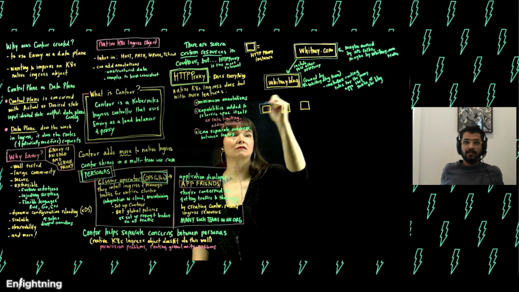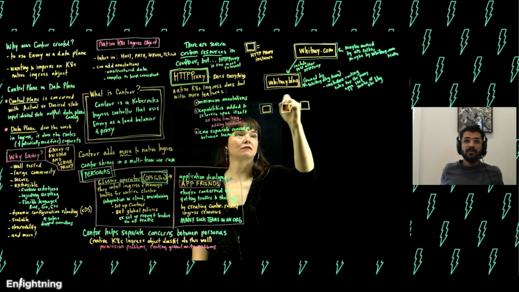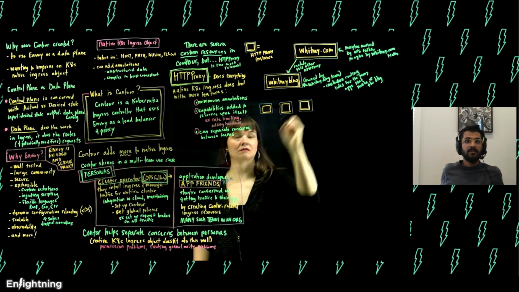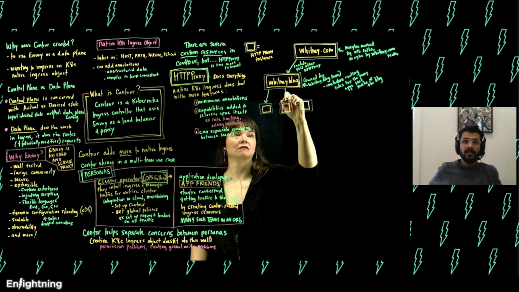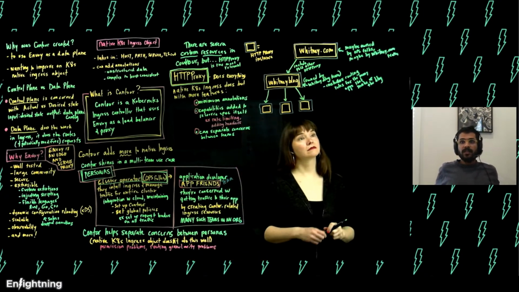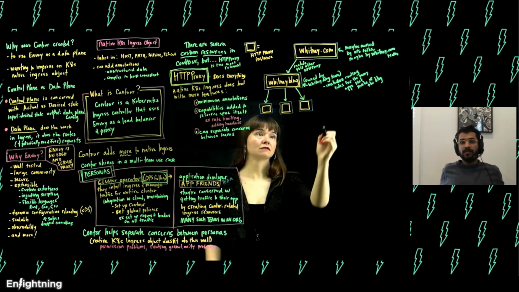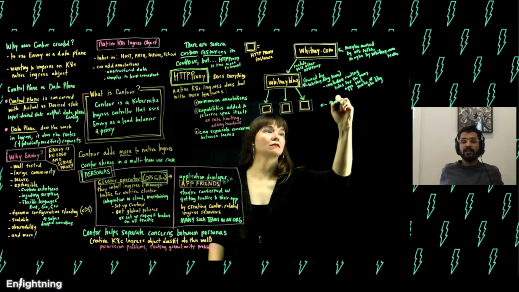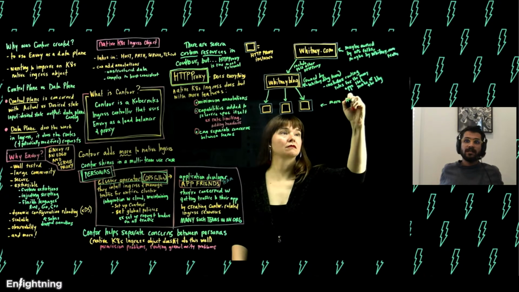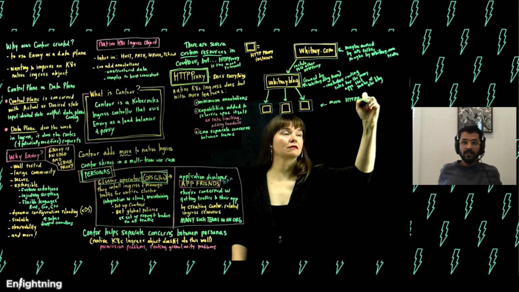You can of course do your whole website all in one HTTP proxy. That has advantages and disadvantages, right? It's one single source of configuration, but depending on how complex your resource gets, you may actually end up hitting the size limits on how big a resource in Kubernetes can be, because there is a limit to that.